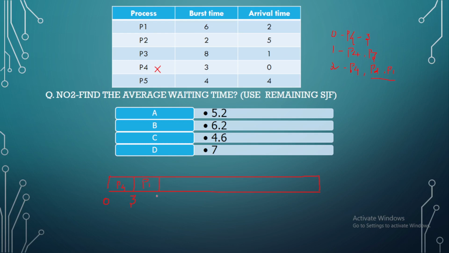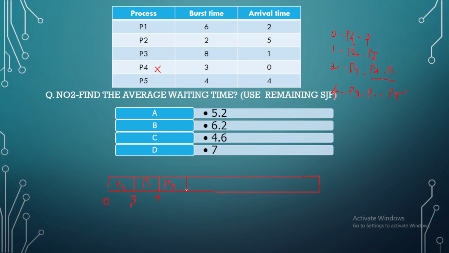It will run for 1 nanosecond, because at the time of 4 we have P3, P1 and then P5, with a running time of 4. This is the smallest among P3, P1 and P5, so P5 is given the CPU and P1 is removed from the CPU.